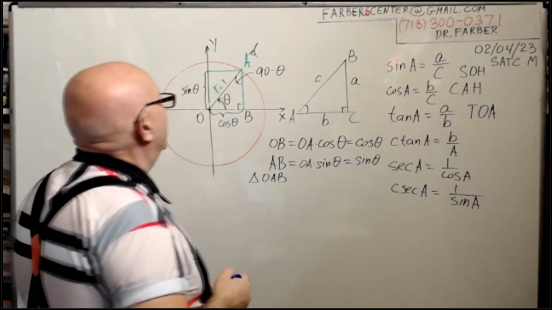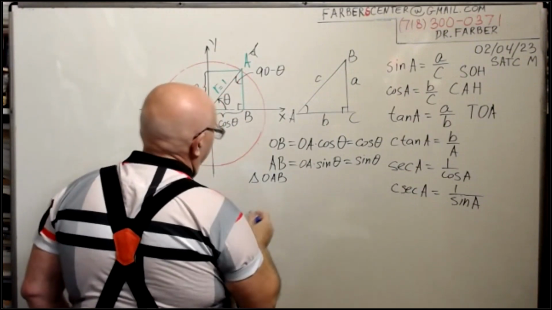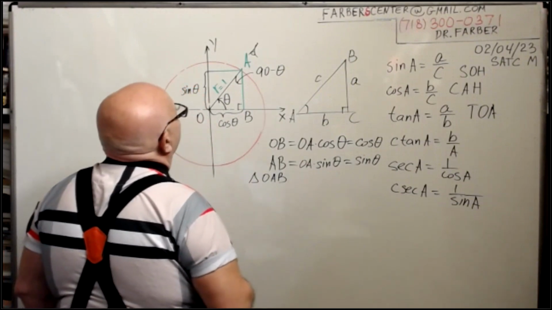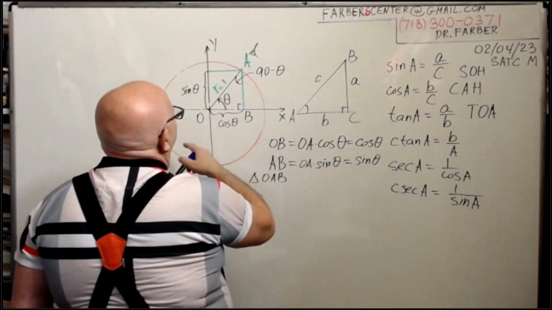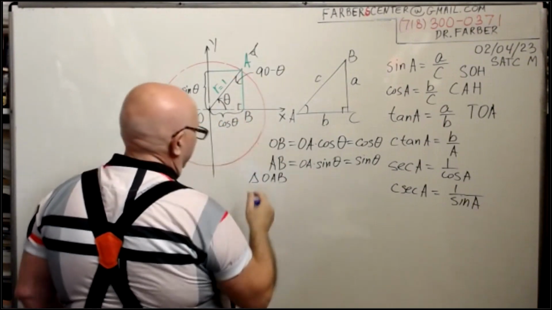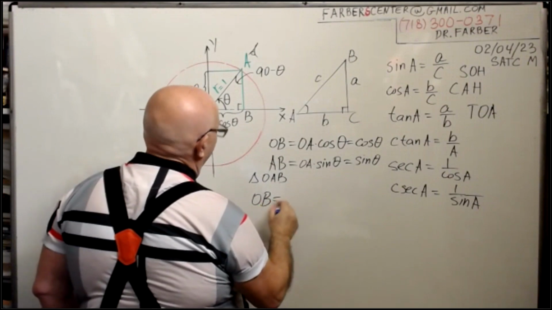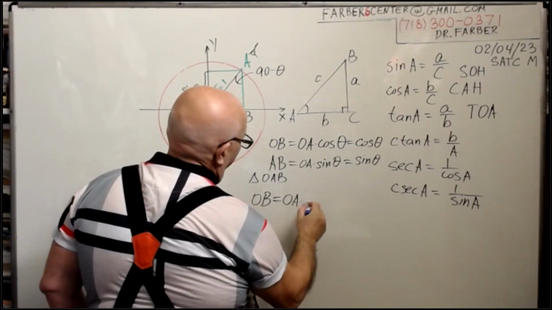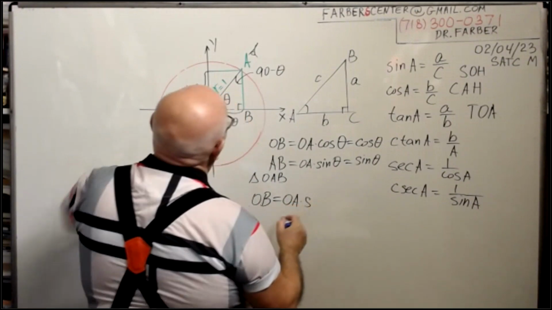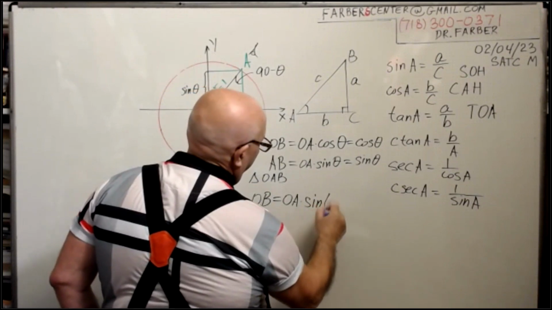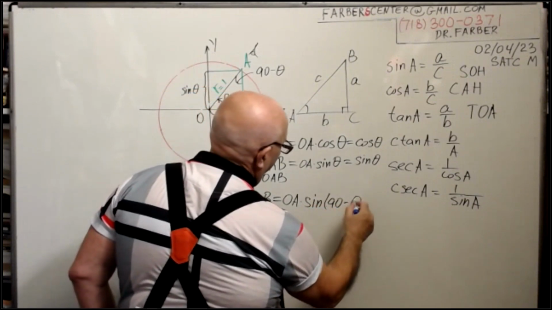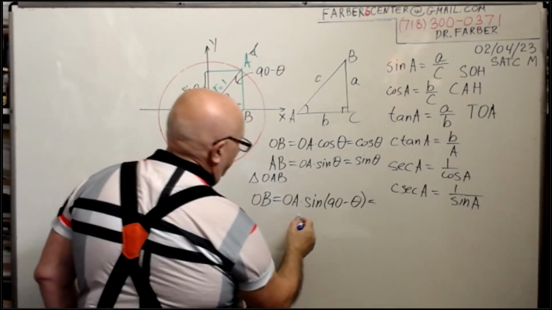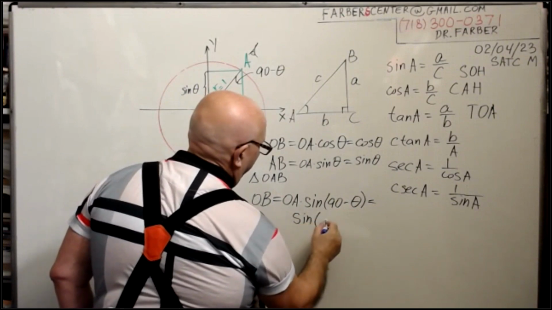And sine of 90 minus theta equals opposite to hypotenuse, or OB from this perspective, equals OA times sine of 90 minus theta. Or since OA equals 1, equals sine of 90 minus theta.